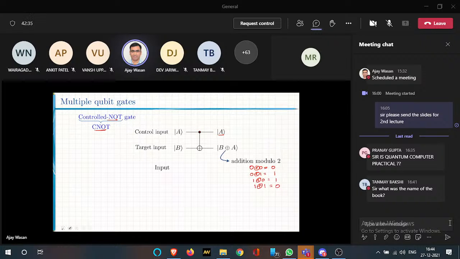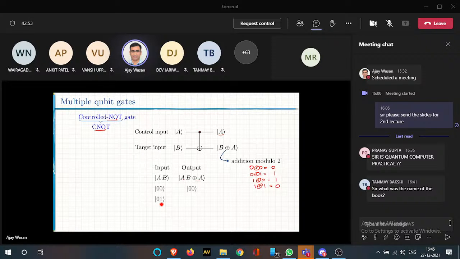So if I have an input and an output, I write the input in this form A, B, because A and B are my inputs, and the output side is A and A plus B. Basically, when we have an input 0, 0, you have an output 0, 0.